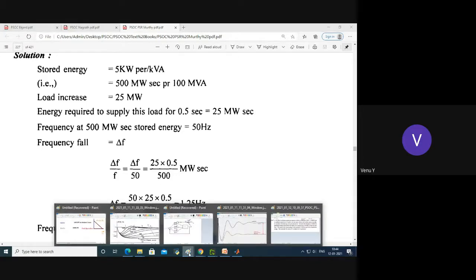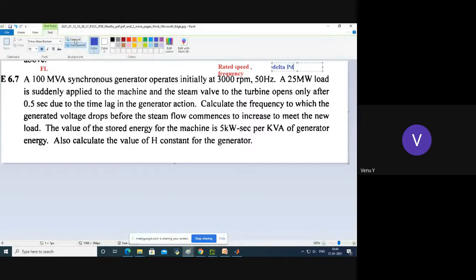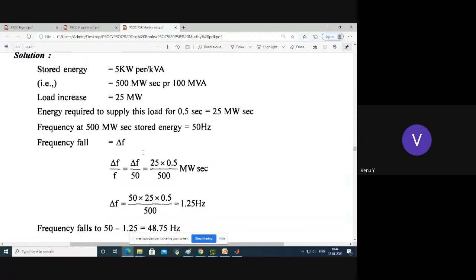100 MVA is the given value. Therefore, 100 MVA into 5. Here the rating is 500, in megawatt seconds.